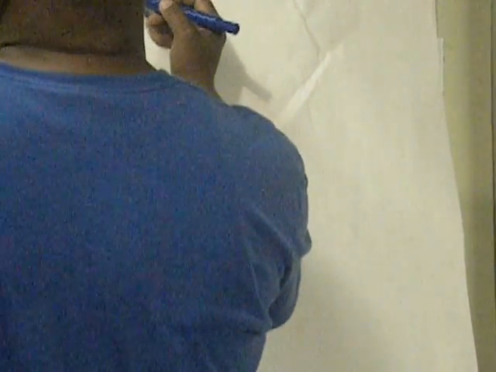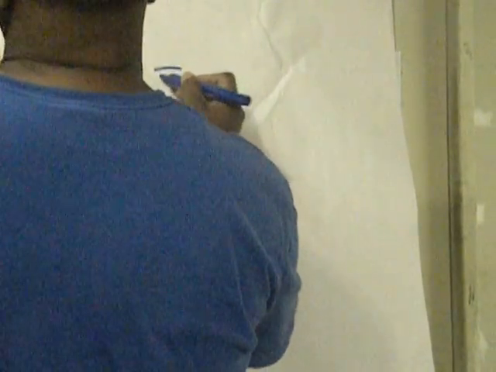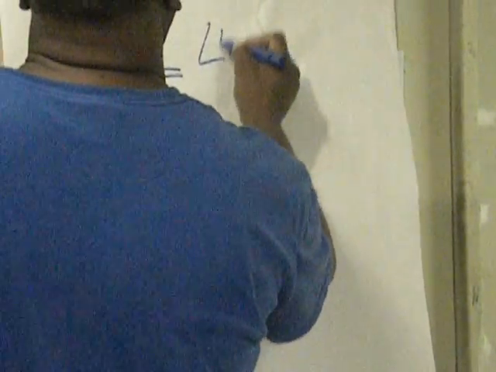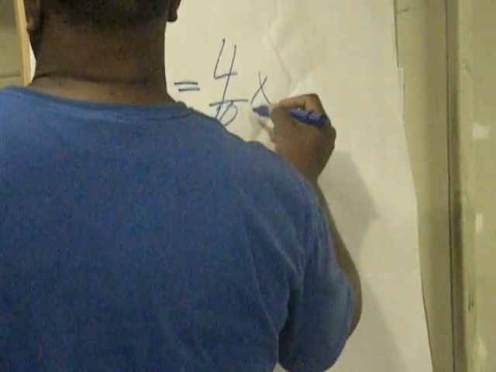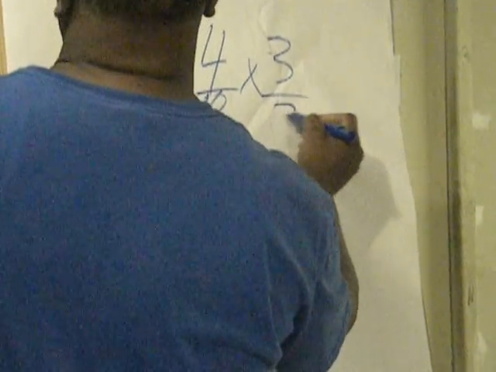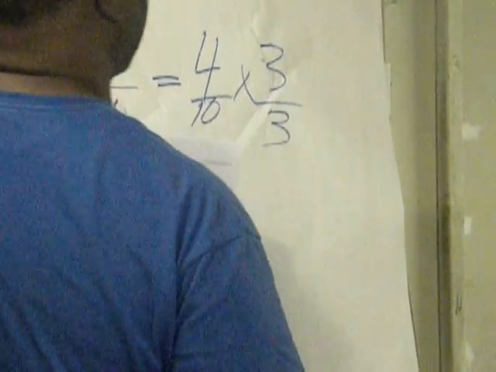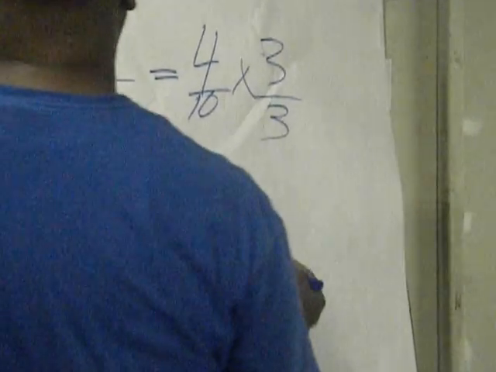Using another example, we can say 4 over 10 equals 4 over 10 times what? 3 over 3. Which we know anytime we use 3 over 3, it represents what? 1. Okay?